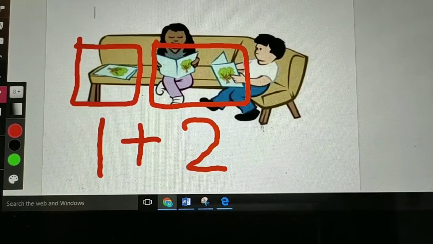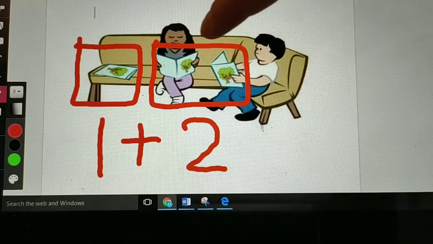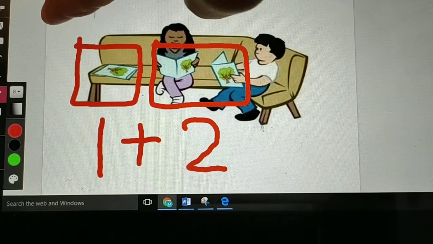Now, how many books are there all together? Ooh, let's see if you're right. Let's count them all together now. 1, 2, 3. You're right. 3 books all together. Go ahead, write number 3 on your paper.